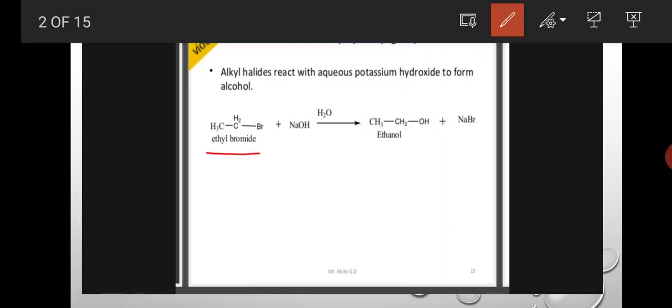Ethyl bromide is the alkyl halide, CH3CH2Br. Ethyl bromide reacts with aqueous sodium hydroxide and forms ethanol, CH3CH2OH. Means here the halogen is replaced by hydroxy group or hydroxide ion.